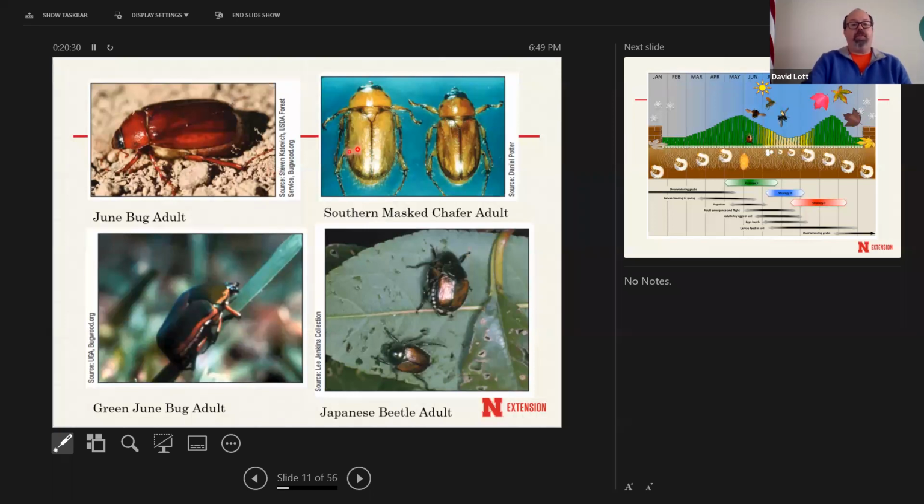You have your southern masked Chafer that comes later in the summer, and it's got this mask that's real dark. That's why we call this one the masked Chafer, kind of like Zorro maybe. Then we have the green June bug, green June beetle, and it has the metallic emerald green to it.